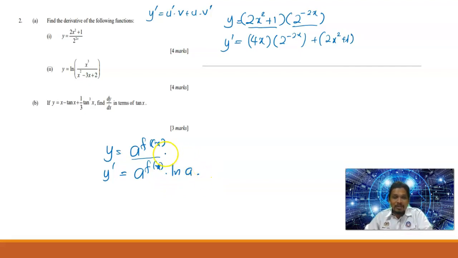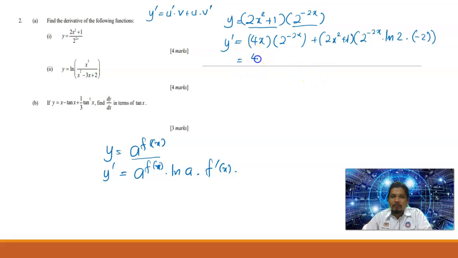Next, differentiate the function f(x), f prime of x. So slowly, one by one, firstly we write down 2 to the power of negative 2x, then multiply with natural log of 2, and differentiate negative 2x, it gives you negative 2.